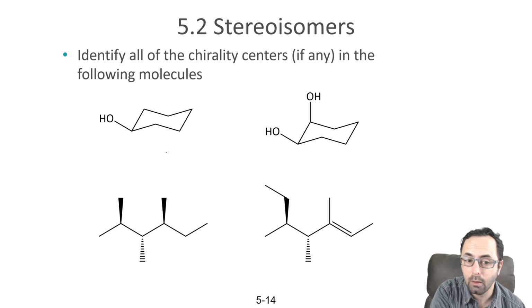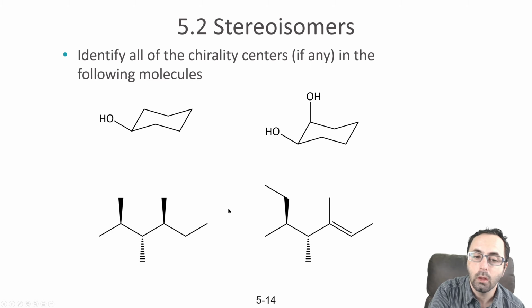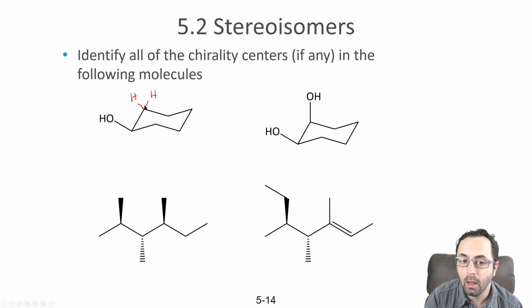So here again, we're looking for a situation where we have a carbon with 4 different groups attached. Now, these carbons here, these are not chiral. The reason why is because each of them has 2 hydrogens attached, and the hydrogens are the same. If there was another atom attached, then going in this direction would be different than going in this direction, and so you'd have 4 different groups.